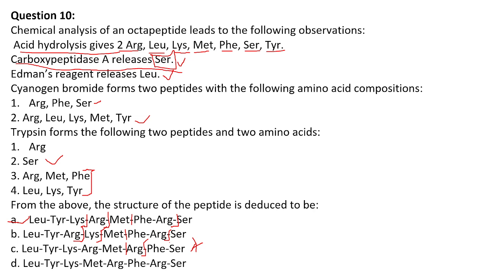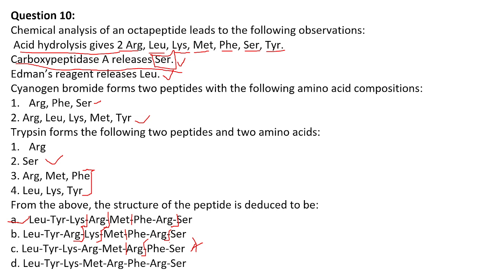So analysis was done and the results were shown, and we need to deduce the sequence from the results. It is saying serine is the C terminus, leucine is the N terminus. In all the cases, leucine is the N terminus and serine is the C terminus.